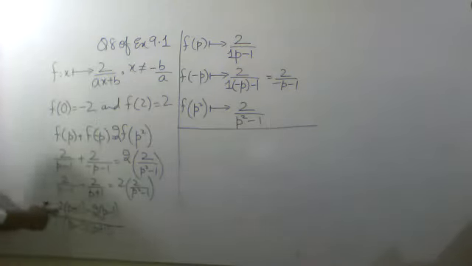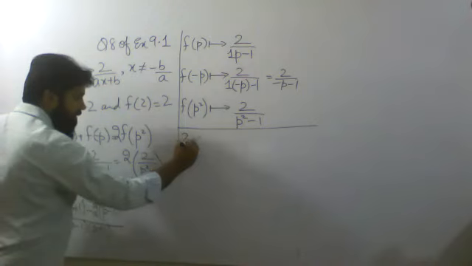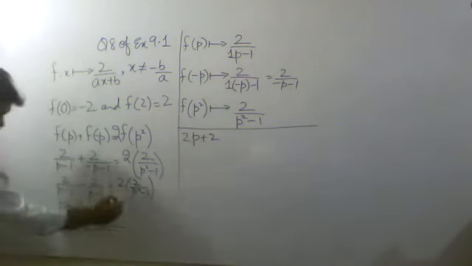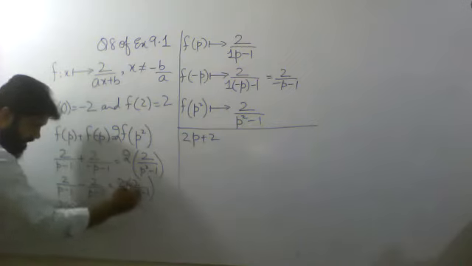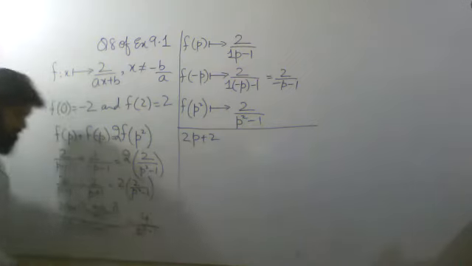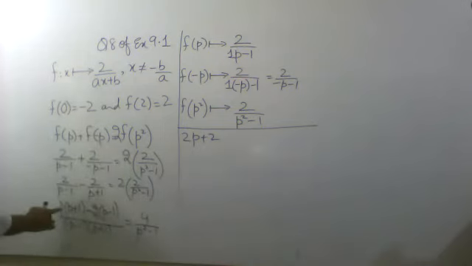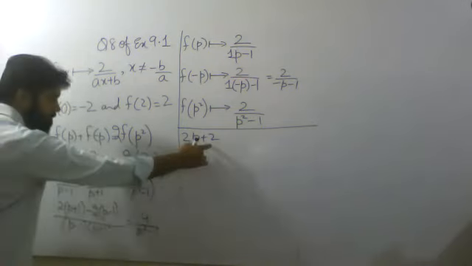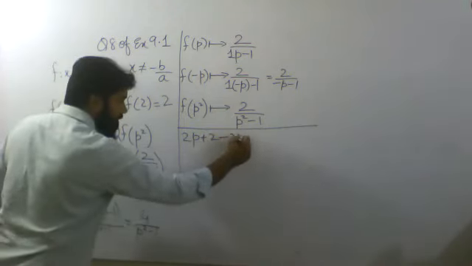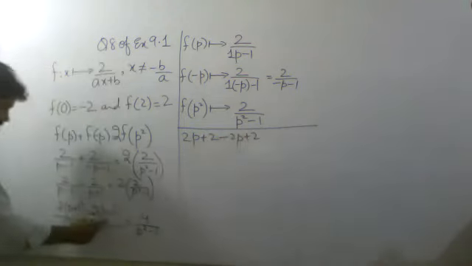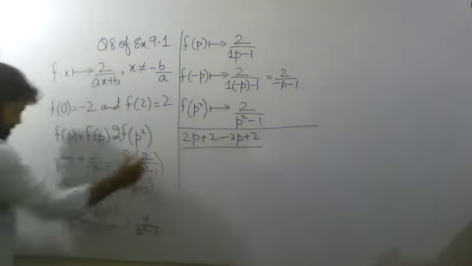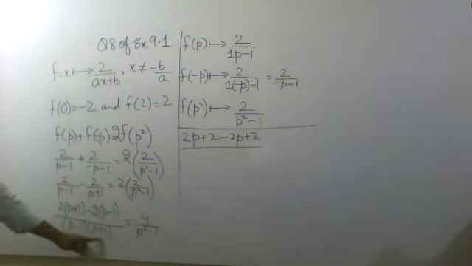simplifying it, this will become 2p plus 2. I'm simplifying this one also, beta. 2p plus 2 minus 2p plus 2 upon p minus 1, p plus 1.